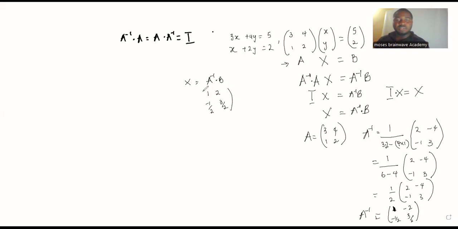So all I need to do is multiply it by the constant matrix, which is just 5 and 2, then I will get my matrix of the variables, X and Y. So 1 multiplied by 5 plus minus 2 multiplied by 2. Then, similarly, to get the other term, I will do the second row and the elements in the columns.